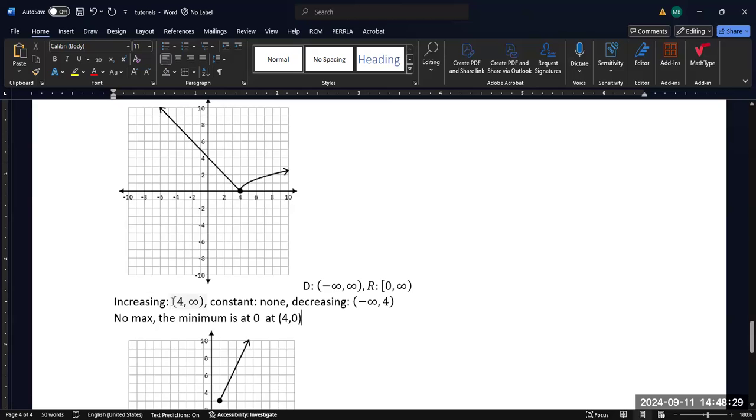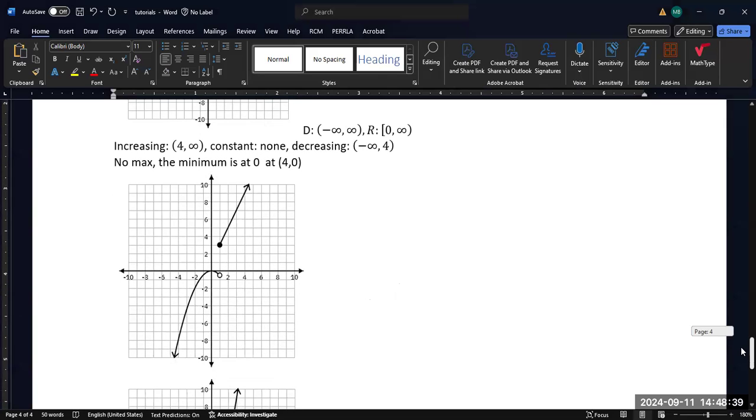All right, so let's walk through this again, but now also let's look at the next graph. So here's our second graph, and so let's also go through the domain and range, and then any increasing, decreasing, minimum, maximum.